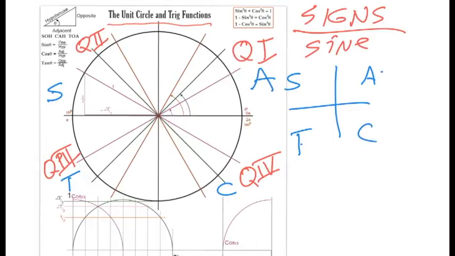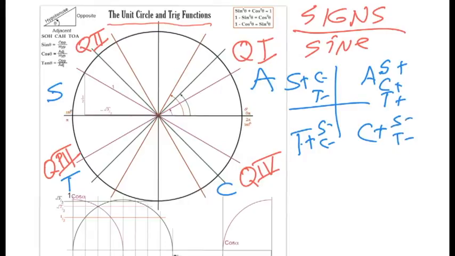This tells me in the first quadrant, all of my functions, sine, cosine, and tangent, are all positive. In the second quadrant, sine is positive, cosine is negative, tangent is negative. Third quadrant, tangent is positive, sine and cosine are negative. Cosine is positive in the fourth, sine and tangent are negative.